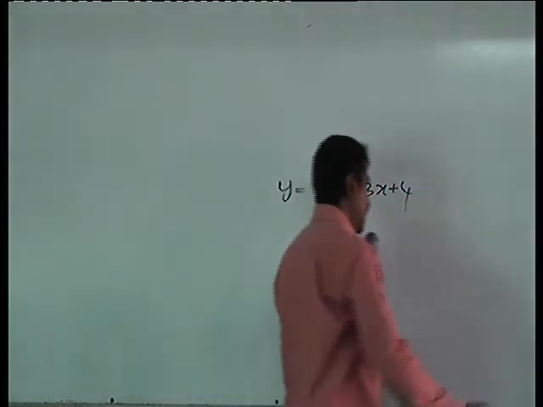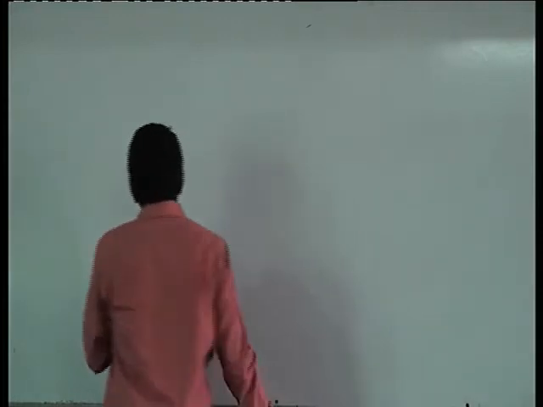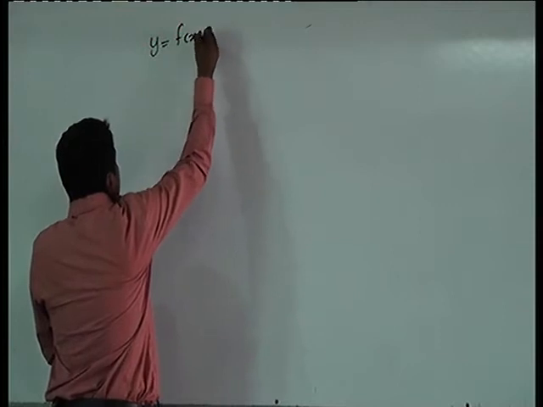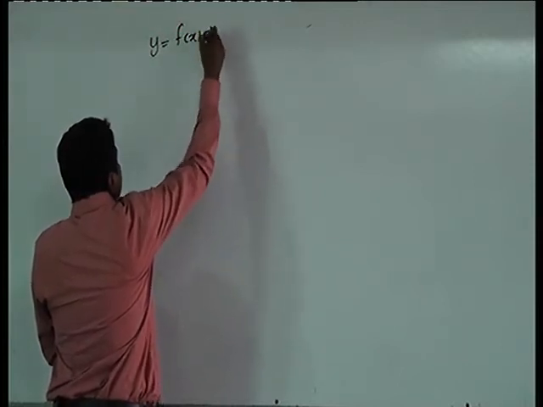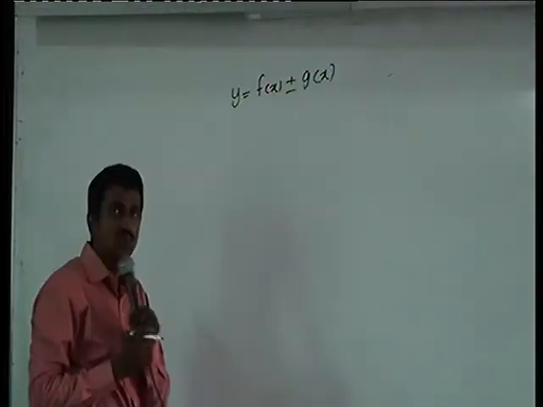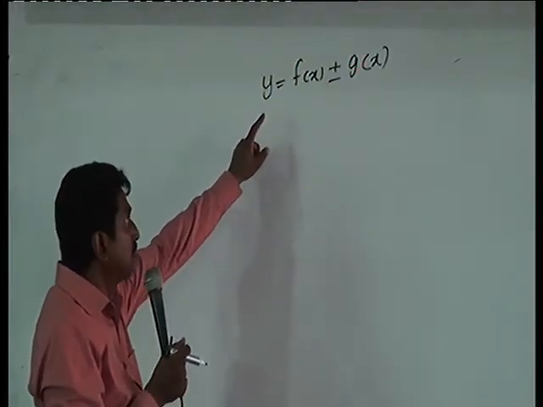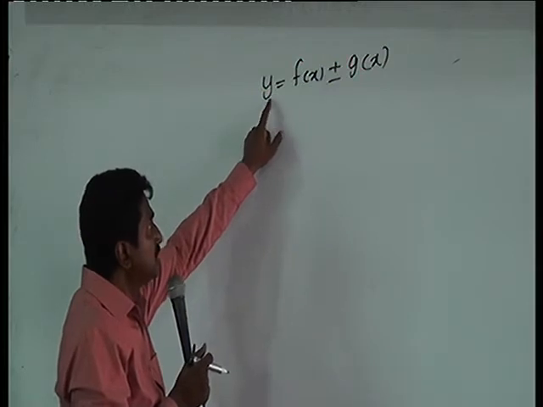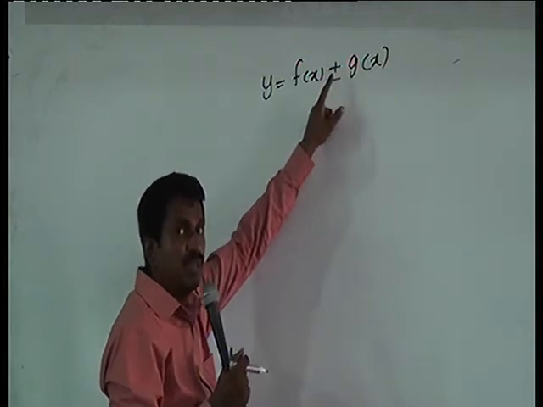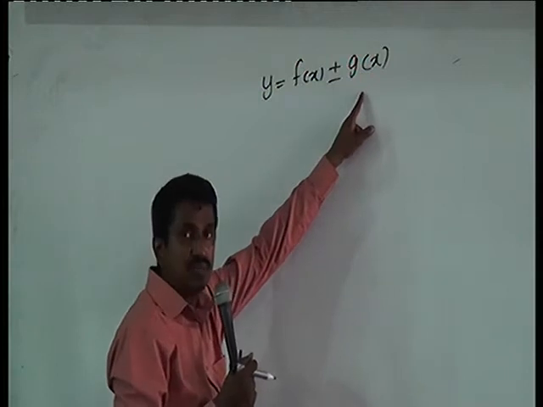So we are discussing under the summation rule. In the summation rule, what we do here, say y is equal to f(x) plus or minus g(x). So look at this again, a theory part. Y is equal to the summation of two functions here, f(x) plus or minus g(x), maybe plus, maybe minus. How to differentiate?